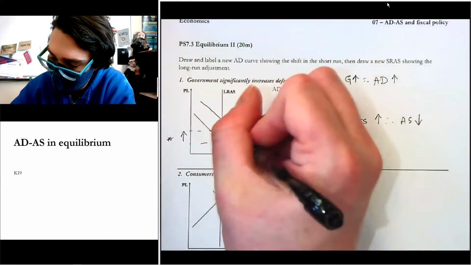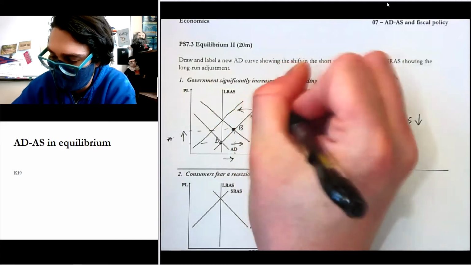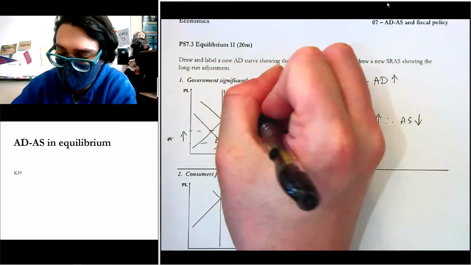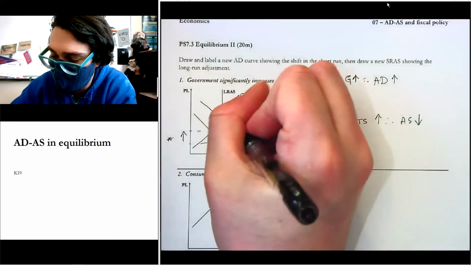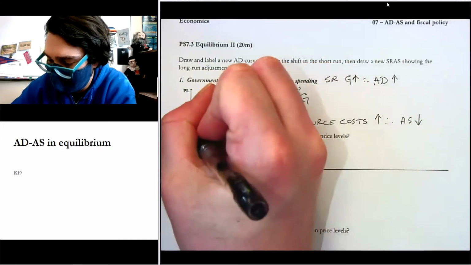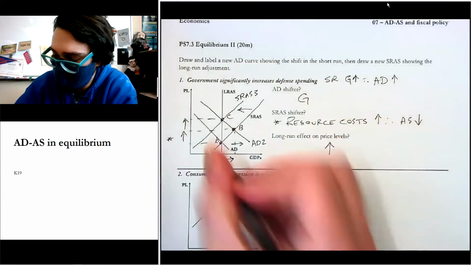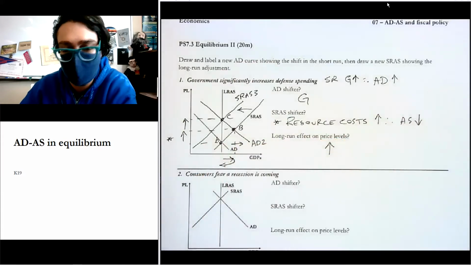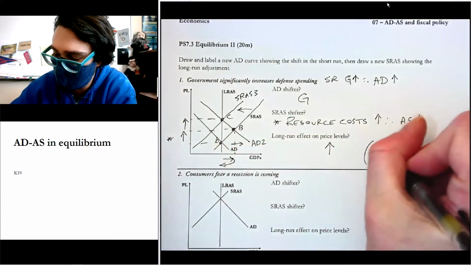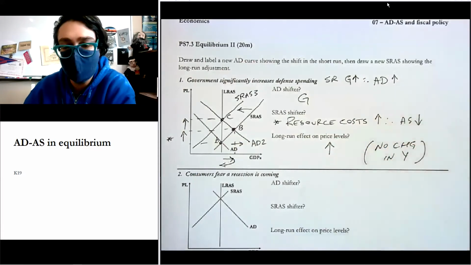When it decreases, it shifts to the left, and we'd end up with SRAS3. So we go from point A to point B to point C. So what's the long run effect on price levels? Well, they went up. And you can see that you went up and then right back down again with output, so we'd say no change in output, right?